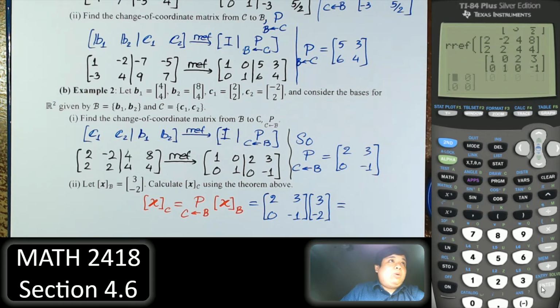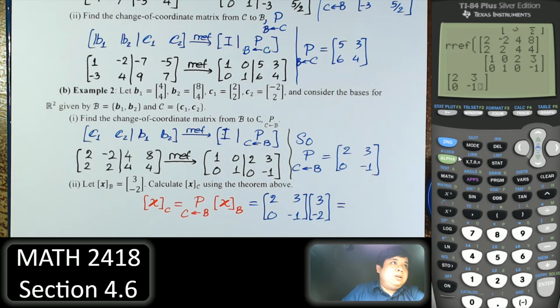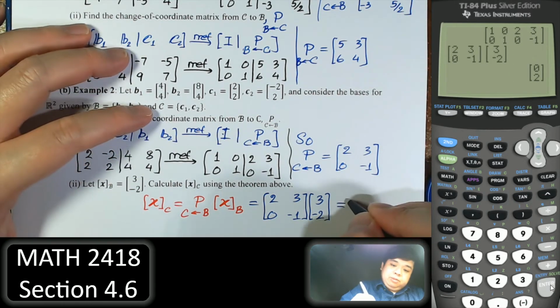It's a simple calculation. I should do it by hand instead, but it's simple enough. 0 and 2.